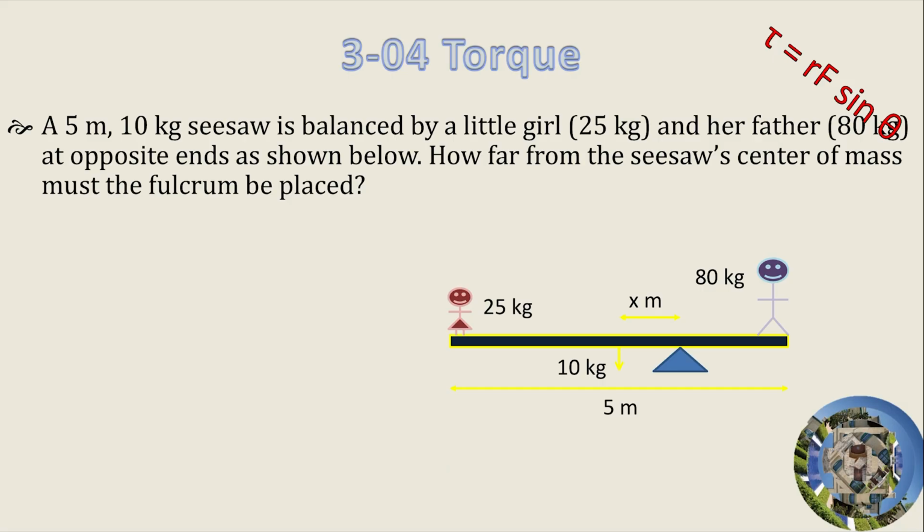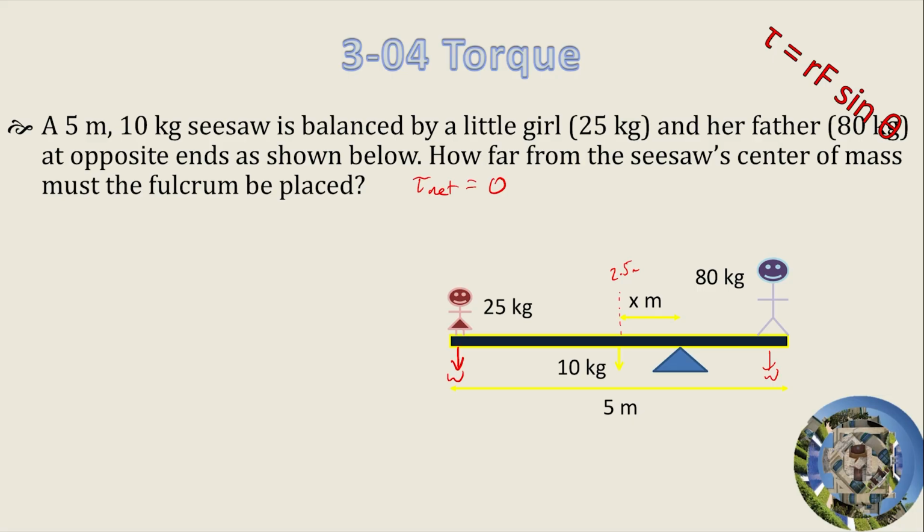Well, to do this, we would probably have to add up torque. So we're going to say our net torque equals 0. So what torques do we have? Well, we have the weight of the girl and her distance. And we've got the weight of the father and his distance. So the center of this board is at the 2.5 meters.